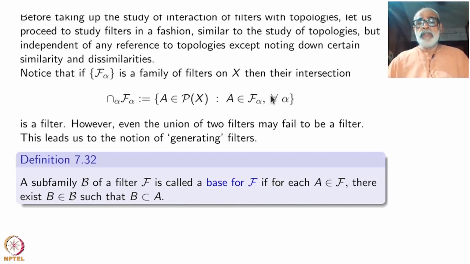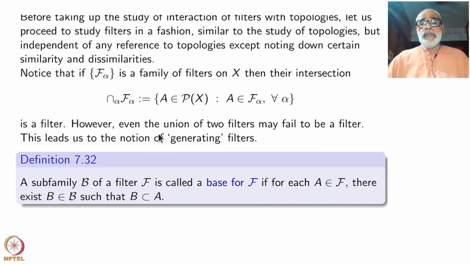So the whole thing makes sense. What is the meaning of this? Take all subsets A of X such that A is inside F alpha for every alpha. So that is the intersection of this family. That is a filter. Of course, empty set is not in any of them, so it won't be here also. All right. So you can easily verify that this is a filter.